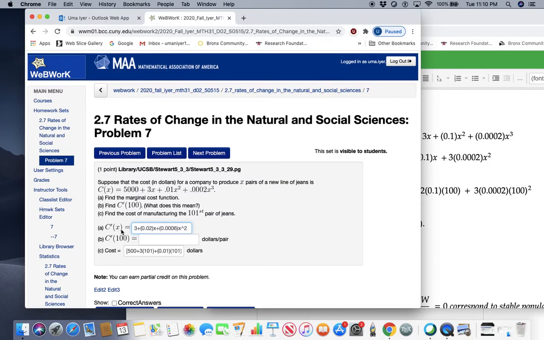So that is the marginal cost. So when I have to find marginal cost at 100, I'll just plug in 100 for x. All right. Instead of x, I'll write parenthesis 100.